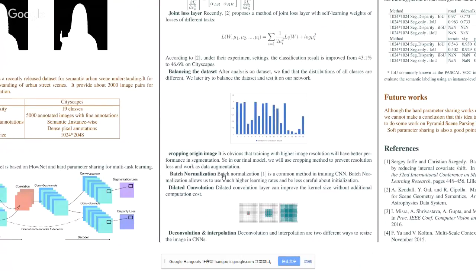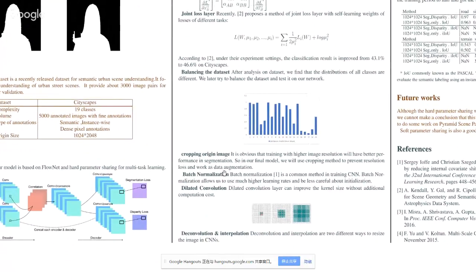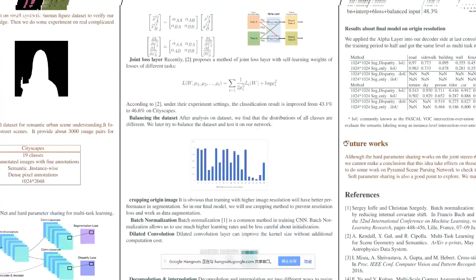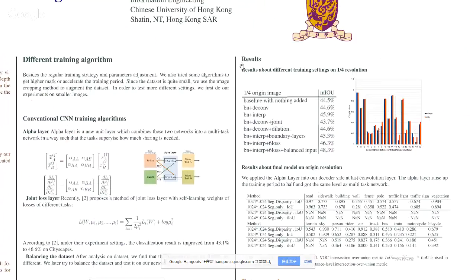The last three, batch normalization, dilated convolution, and deconvolution and interpolation, are conventional training tricks for segmentation networks. But the original FlowNet doesn't have these parts, so we test them in our experiment. Finally, here we show the results.